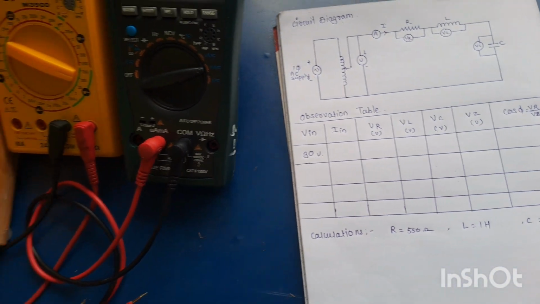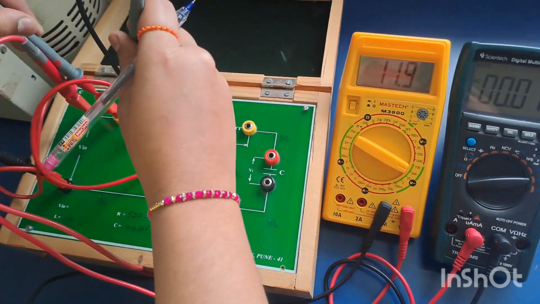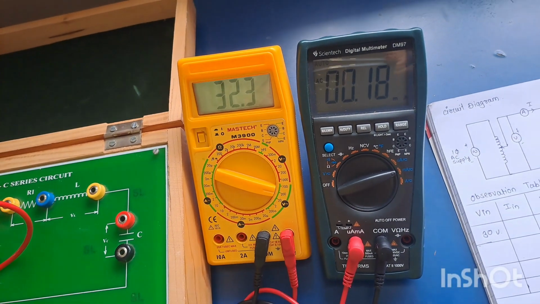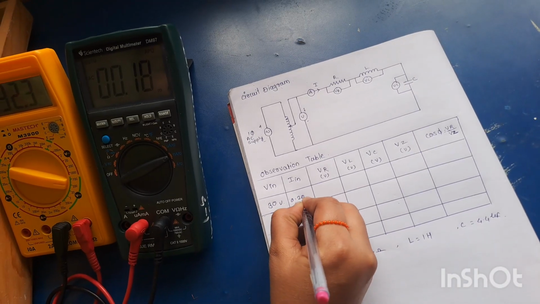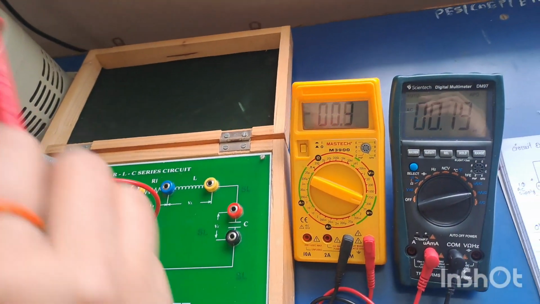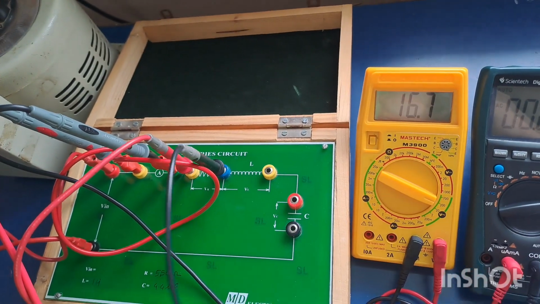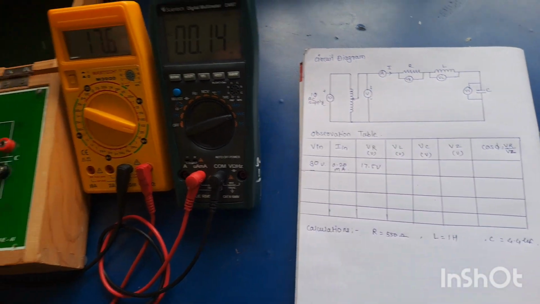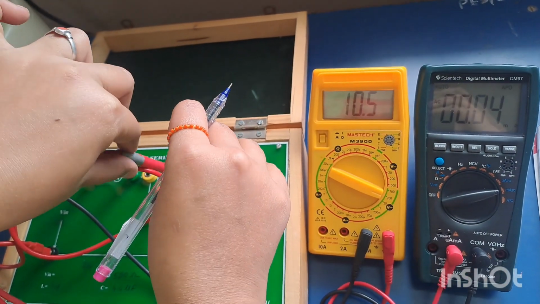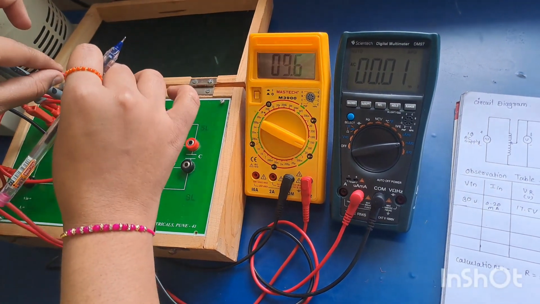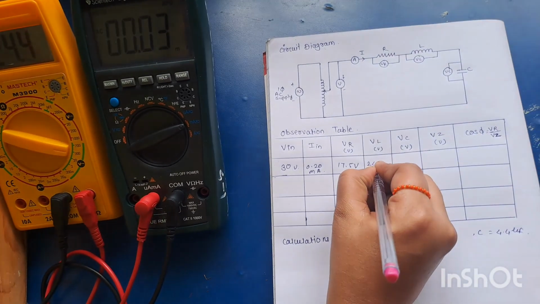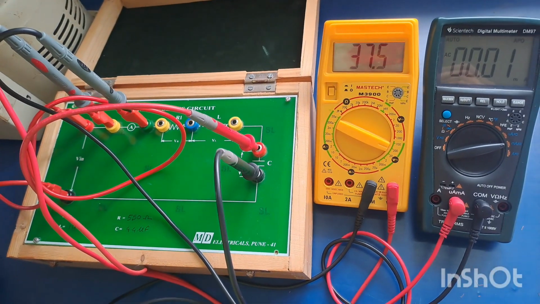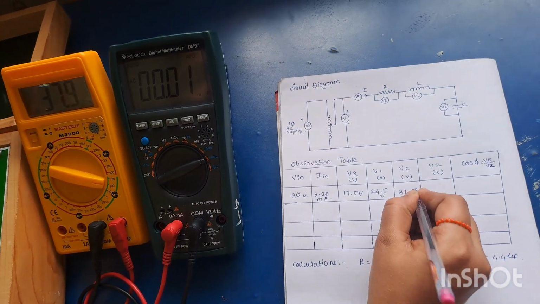For Vin of 30 volt, the value of current is 0.20 milliampere, the voltage across the resistor is 17.5 volt, the voltage across the inductor is 24.5 volt, and the voltage across the capacitor is 37.5 volt.